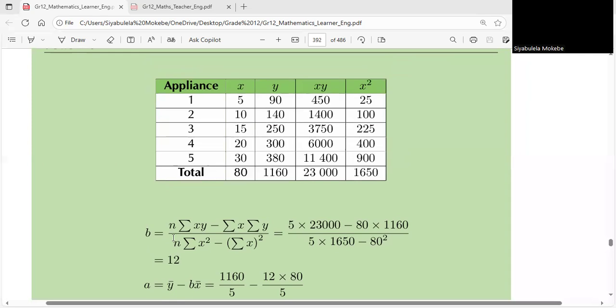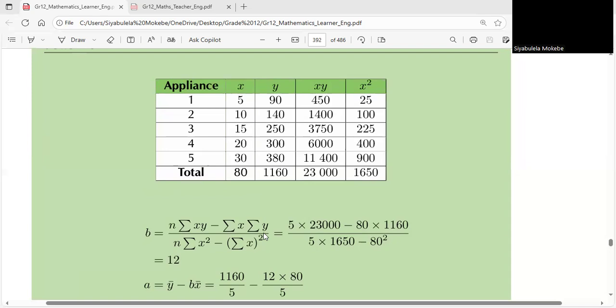Look, for B, N is 5. Then multiply by the sum of XY, which is 23, minus the sum of X, which is 80, times the sum of Y, which is 1650, over N times the sum of X squared, which is 1650, minus the sum of X to the power of 2.